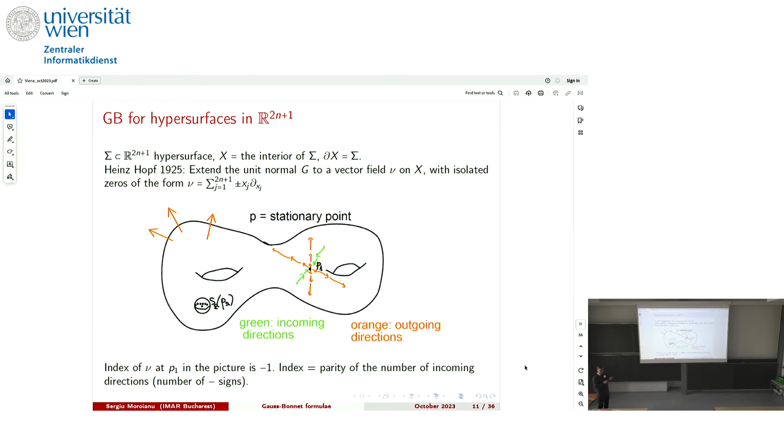So they are radial in some directions and minus the radial vector field in other directions. These are all the stationary points. Here is an epsilon sphere around the stationary point. And you define a plus or minus 1 associated to each stationary point. And they compute the Euler characteristic of X, of the interior.